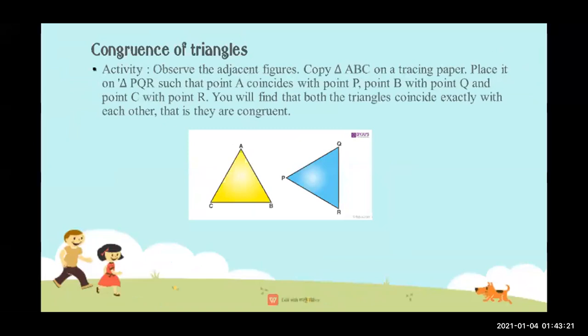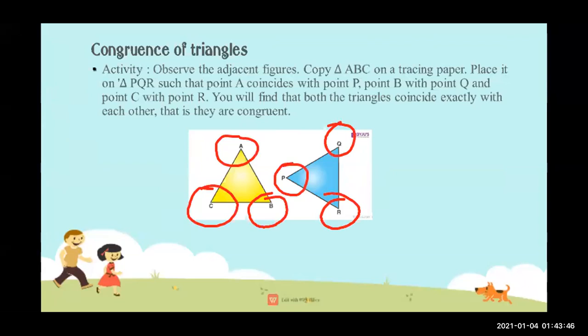See this point A, it coincides with the point P. Next point B, this one is B, that coincides with point Q. And last point C, that also coincides with point R. That means A coincides with P, B coincides with Q, C coincides with R.